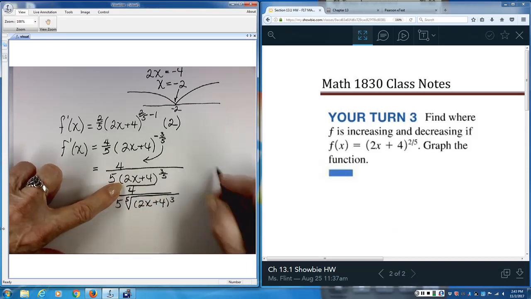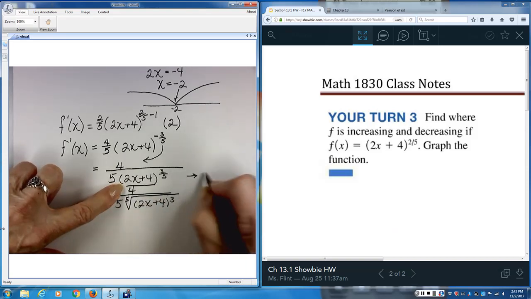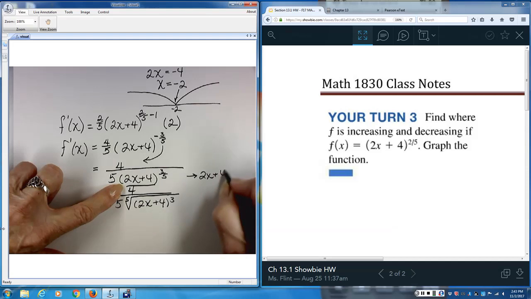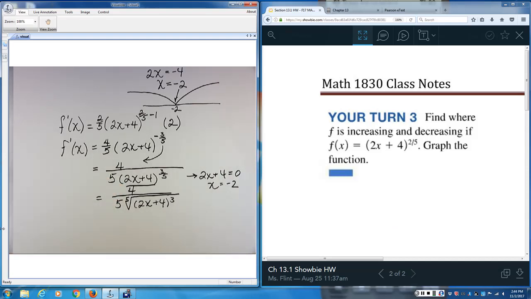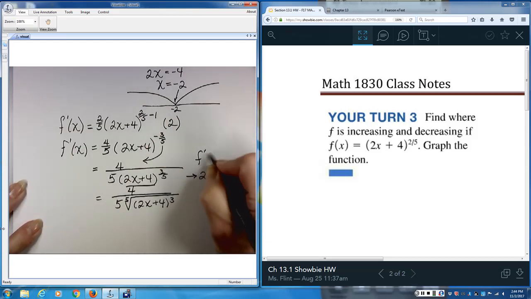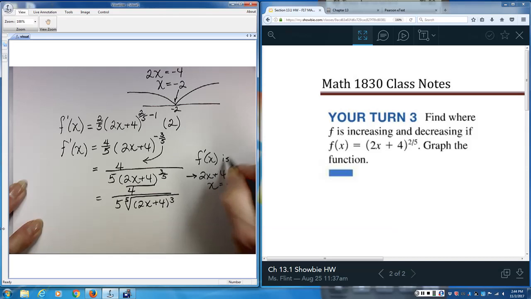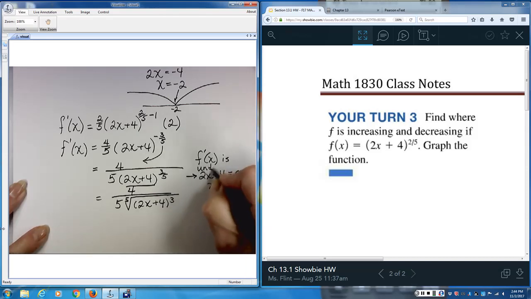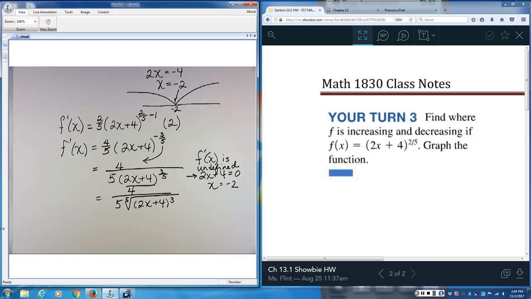You can't have a 0. So if 2x plus 4 is equal to 0, which means x is equal to -2, just like it was on the function itself up here, this is undefined. Okay?